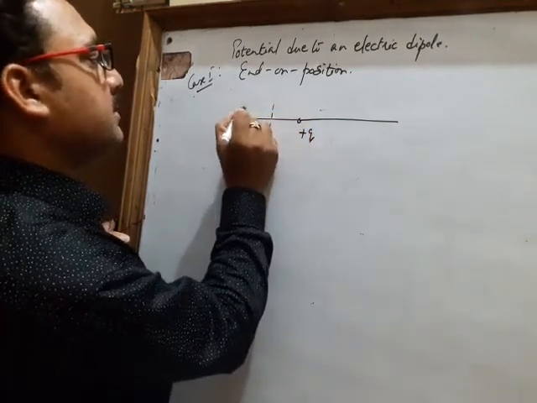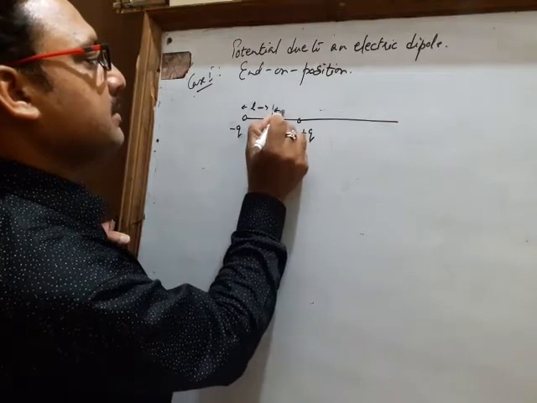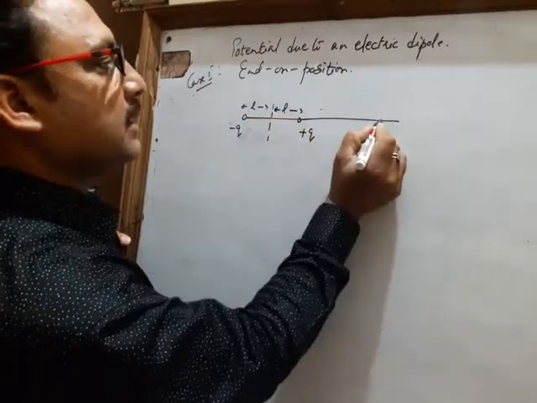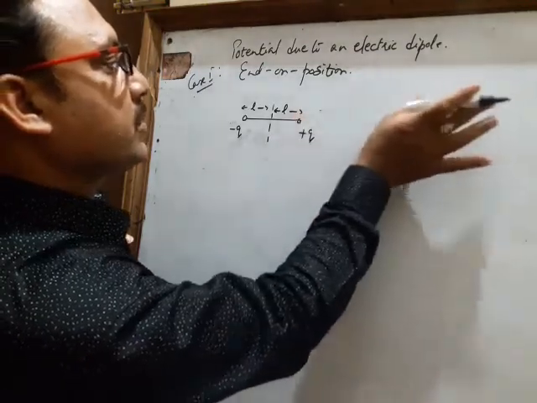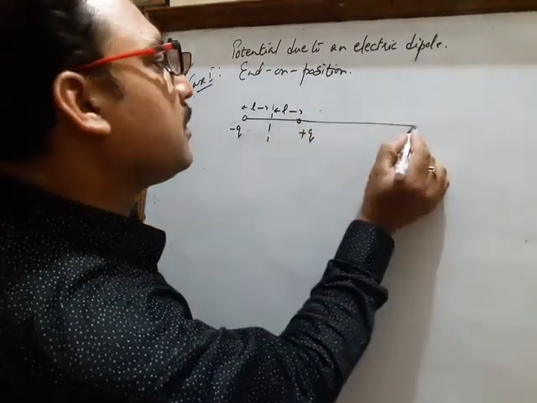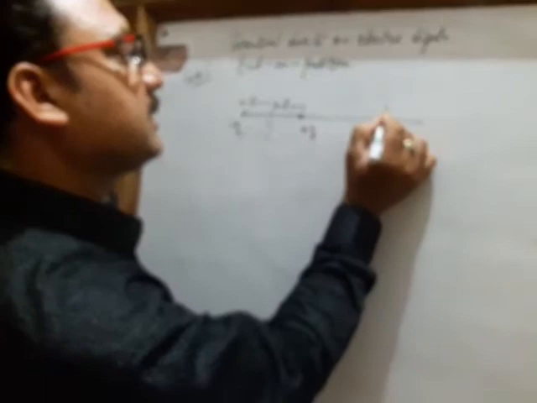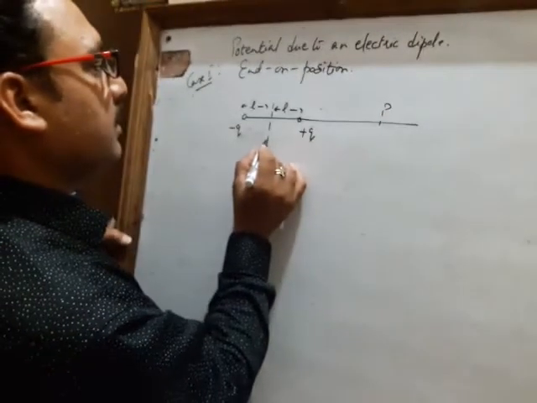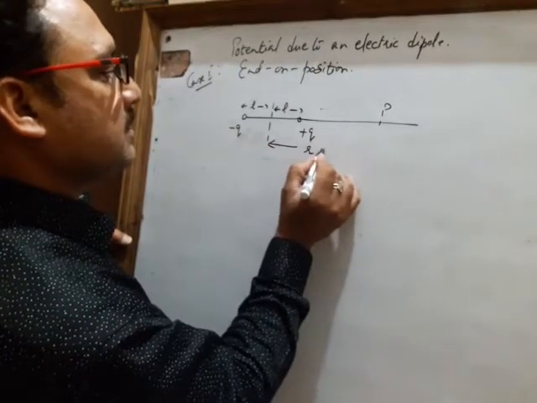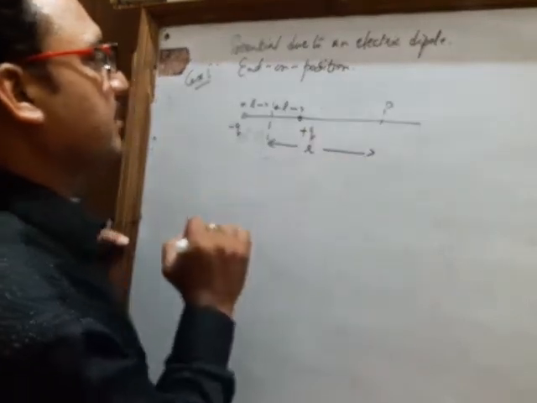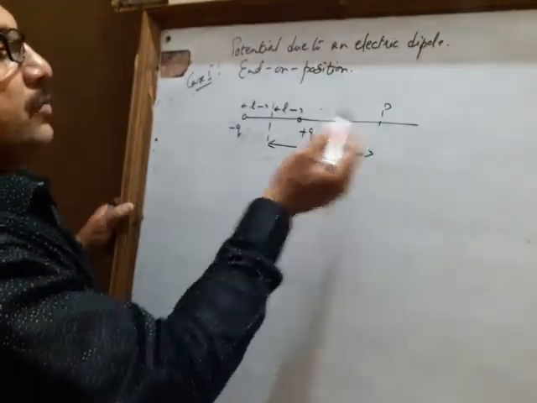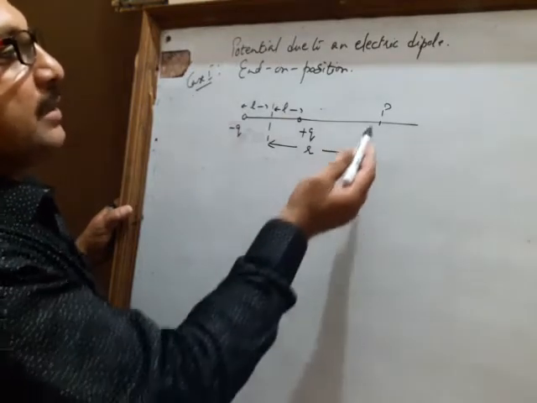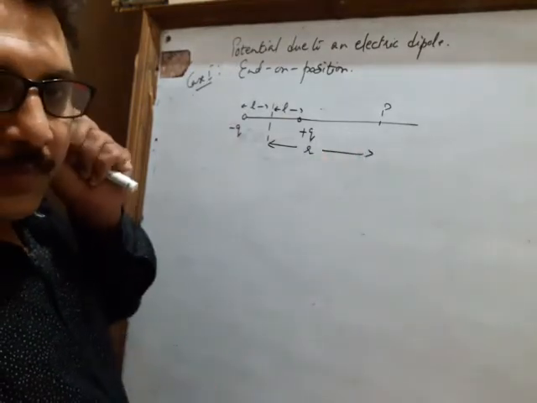You know, this is L and this is also L, and there is a point P. You can draw straight also like this. This is the point P and this is at a distance r from the center of the dipole. So you have to find the electric potential at the point P.